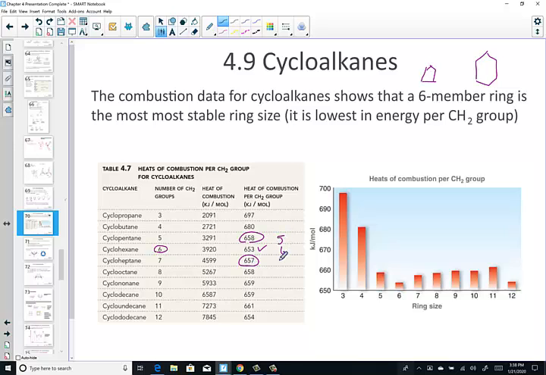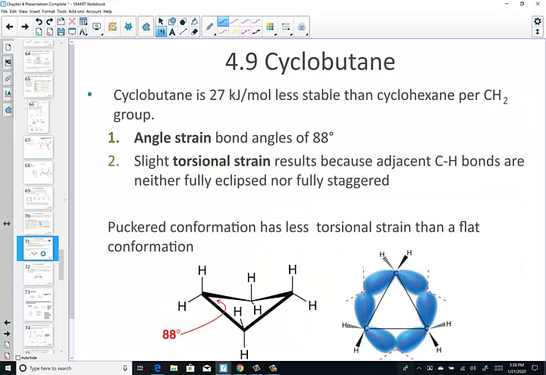So 5, 6, 7-membered rings are favored in nature, 6-membered rings being the most stable. Cyclobutane, for example, is 27 kilojoules per mole less stable than cyclohexane for each unit of carbon.